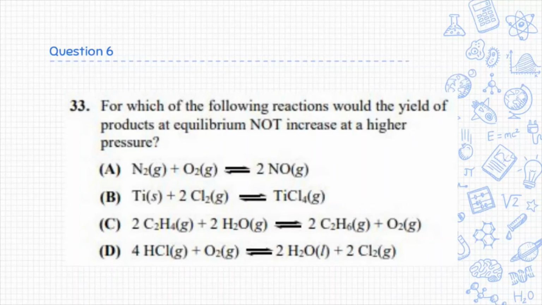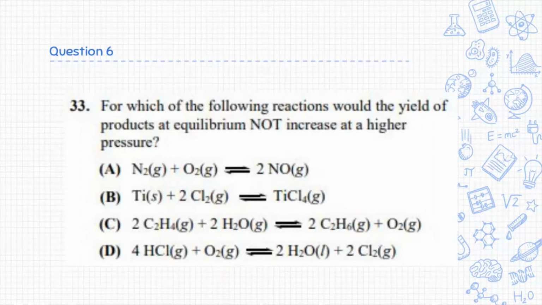All right. Josh, would you like to explain this one, or should I? You can? Okay, sure, cool. So the question asks, for which of the following reactions would the yield of products at equilibrium not increase at a higher pressure?